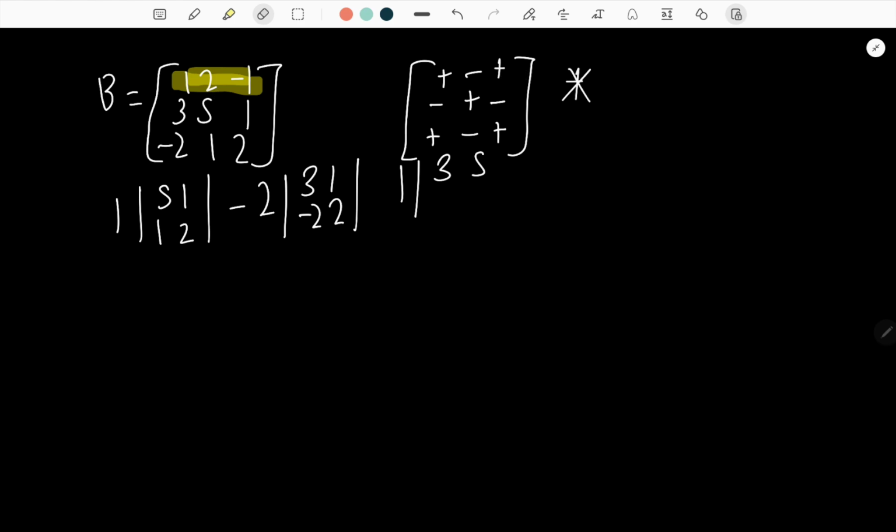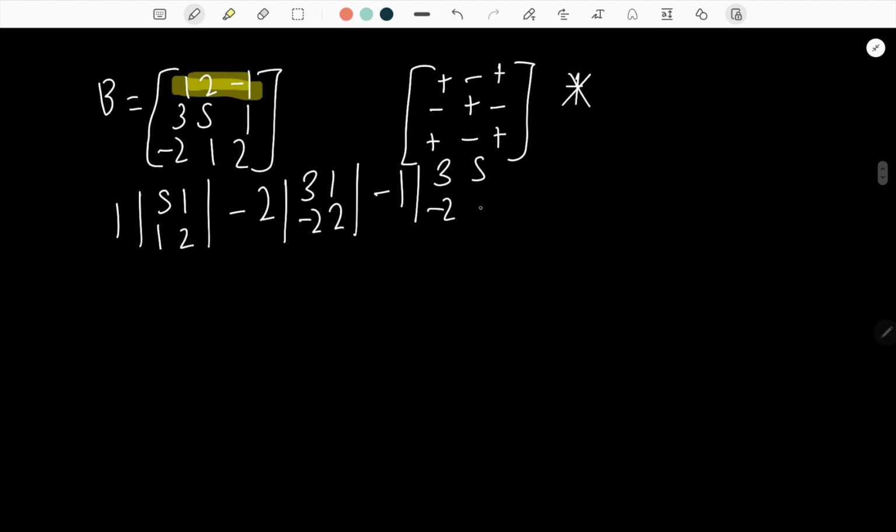I was looking at the second column for second row for some reason. So minus 2 1, and you can simplify this answer now. So it will be 10 minus 1 minus 2 into 6 minus plus 2.